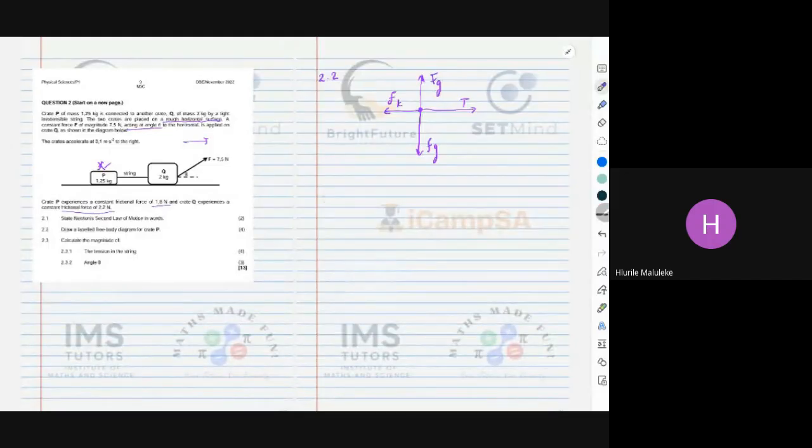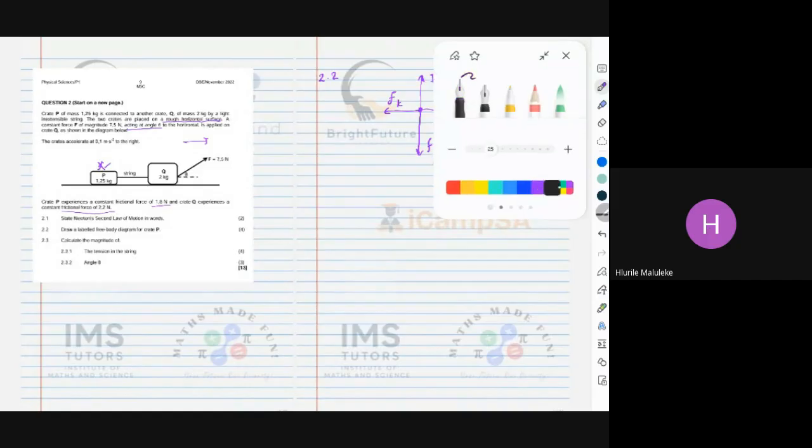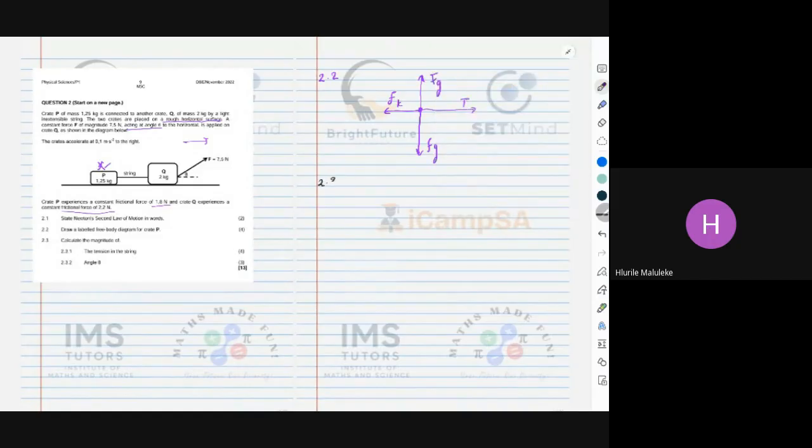So you have now your 2.3.1. They want the tension in the string, right? So since they want the tension in the string, here we're going to have F net equals to ma, right? So F net here in this case, let's choose this direction as positive, right?